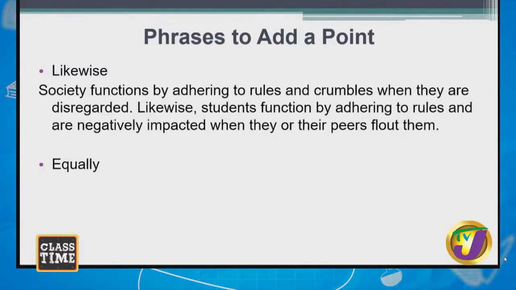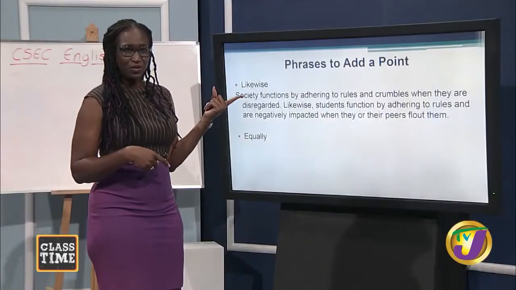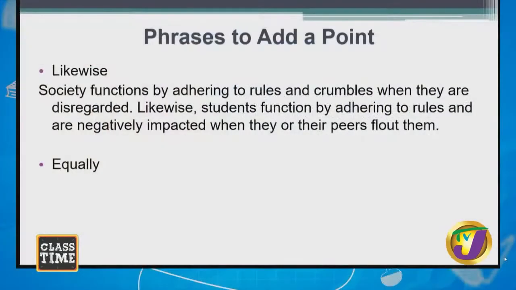So you have done what here? Which device are we using right here, by the way? You have established that society does things a particular way, and now you have shown the similarity between that and the fact that students need the same thing. So society functions by adhering to rules and crumbles when they are disregarded, and students function when they adhere to rules and are negatively impacted when their peers flout them.